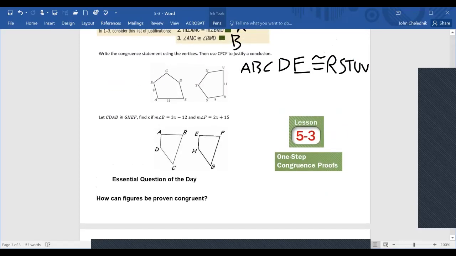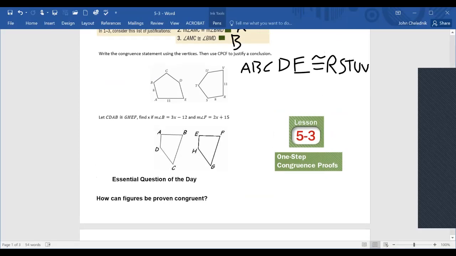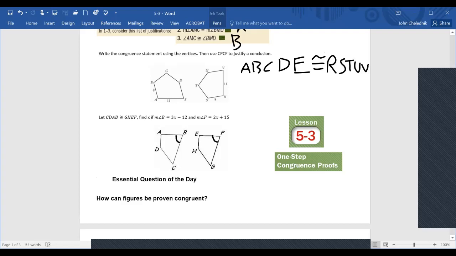And we have one more warm-up. Wow, lots of warm-ups today. It says let CDAB be congruent to GHEF. Find x if the measure of angle B equals 3x minus 12 and the measure of angle F equals 2x plus 15. B and F are congruent angles because of CPCTC.